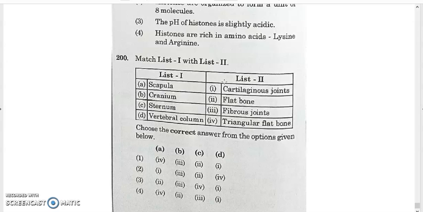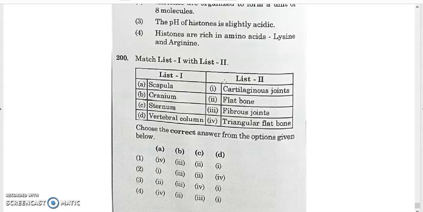Scapula is option 2, a flat bone. So A2, scapula is a flat bone. B, cranium, B3, cranium is a fibrous joint. C, sternum will be 4, that is triangular flat bone. And vertebral column will be 1, cartilaginous joint.